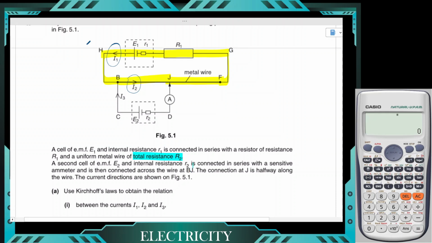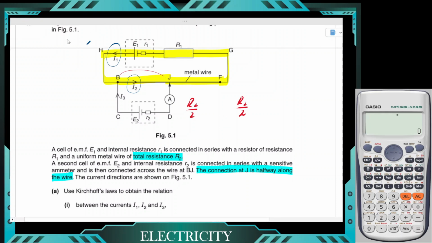And if we break it down, the connection J is halfway along the wire. What does that mean? It means from B to J, the resistance would be half of R2, and from J to F, the resistance would be half of R2. If you combine these two, you get the total resistance of R2.